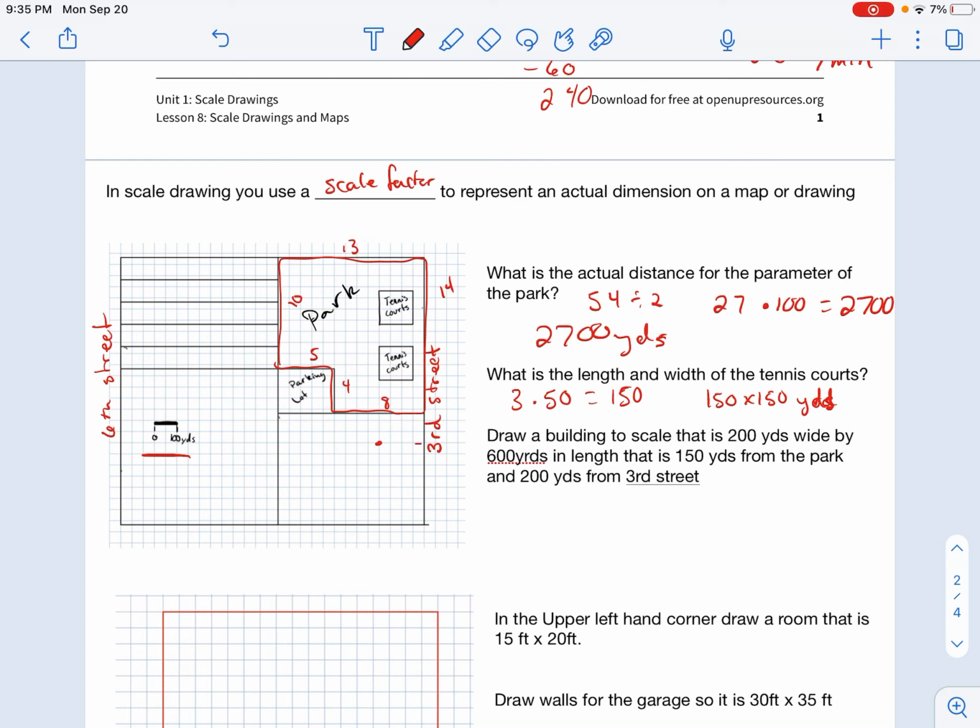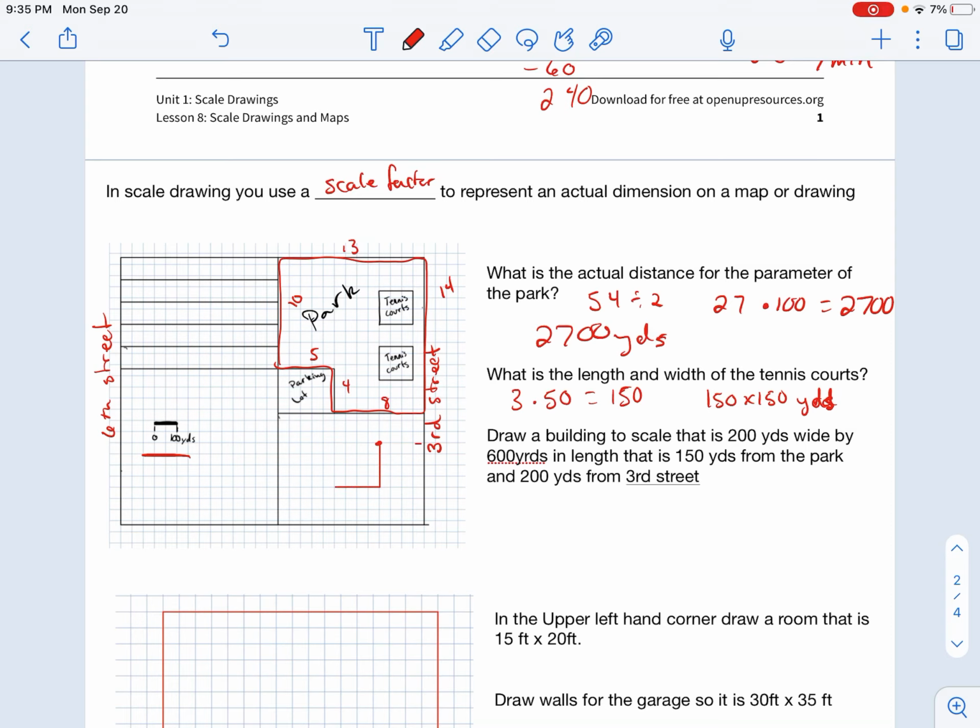So now it's 200 yards wide. So that's going to be a total of 4 squares. So from here I'm going to draw down 4. Okay, and then it says it's 600 in length. So 600 would be 6 times 2, so that would be 12 squares.